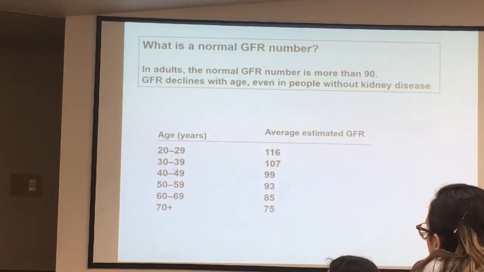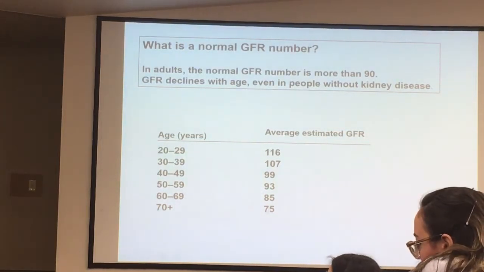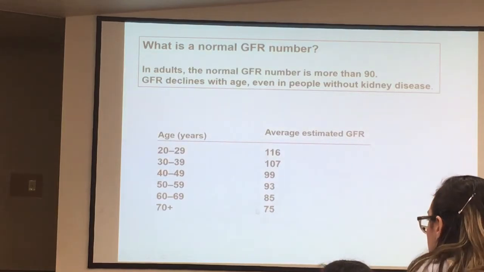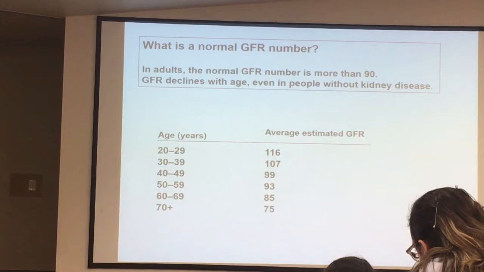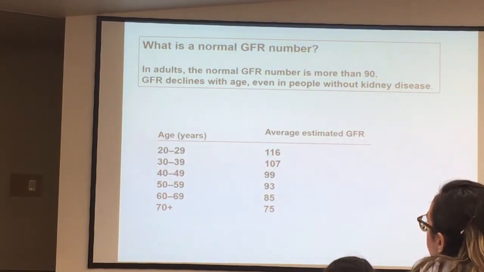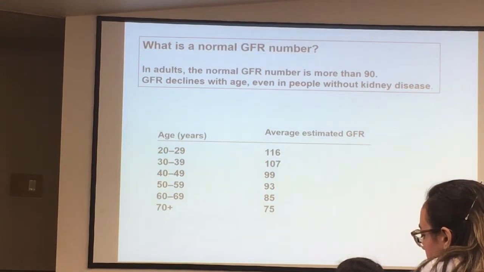When people get to 30 something, it goes down a little bit. When you get to 40 something, with a healthy person, maybe down to 90 something. And then 50 something you are down, and 70 something, they continue down, maybe down 25%. So we know when GFR decreases, that means the kidney function is slowly decreasing.